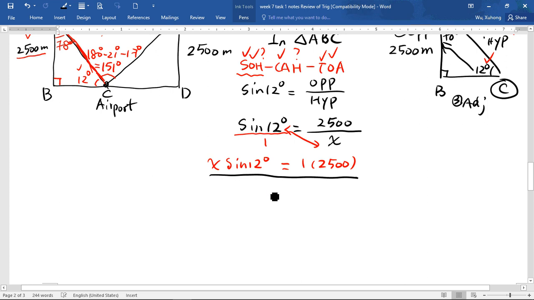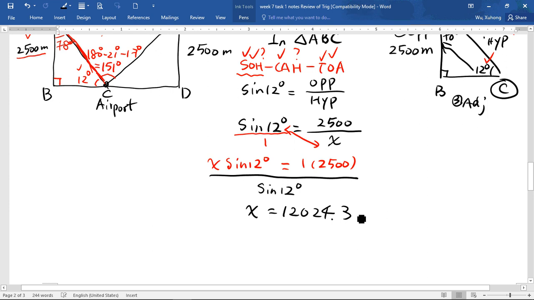This is multiplication, so moving it to the other side, the opposite operation will be division. Sine divided by sine is x, and on this side, 2500 divided by sine 12 degrees. Get your calculator out, and you will have this number, 12,024.3 meters.